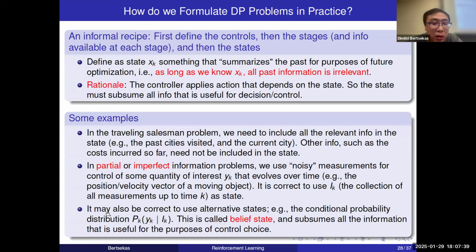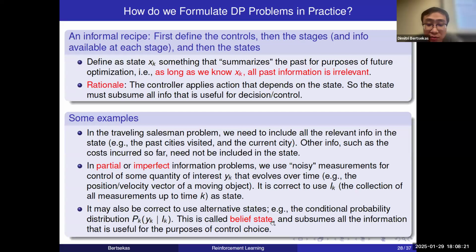On the other hand, for this partial or imperfect state information problem, it may also be correct to use alternative states. For example, the conditional probability distribution. If, based on the entire historical measurement, we have an inferred probability of what the real state y_k is at the current stage k, then this conditional probability distribution over the quantity of interest can also be used as state.